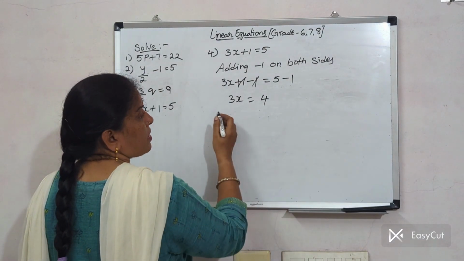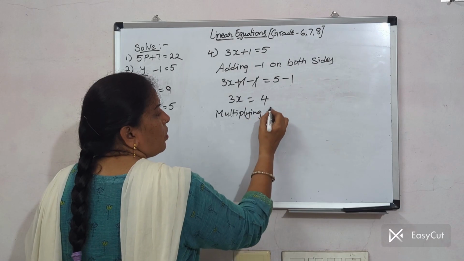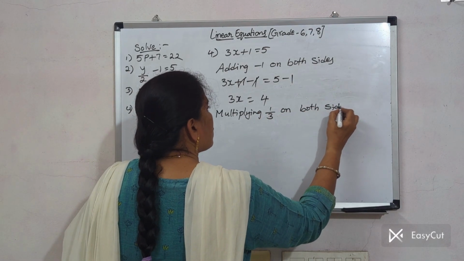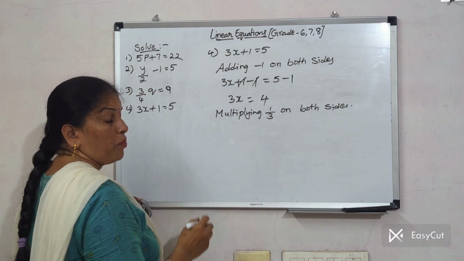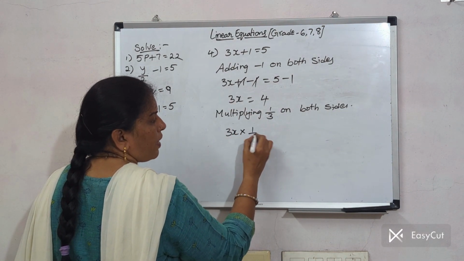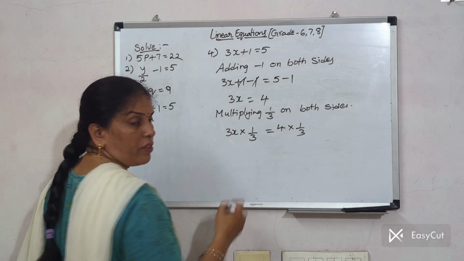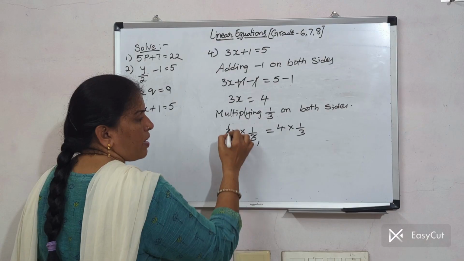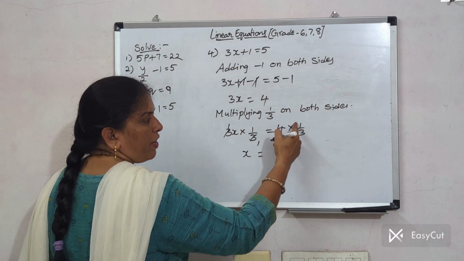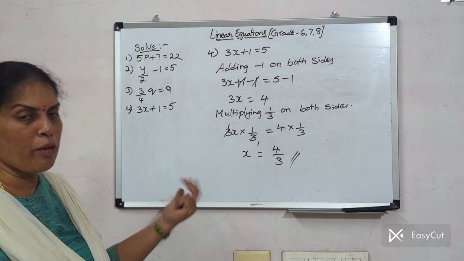I am multiplying both sides by 1 by 3, both sides of the equation. 3x into 1 by 3 equal to 4 into 1 by 3. 3 ones, 3 ones. Is there anything? No. x into 1 is x. 4 into 1 is 4 by 3. So x is equal to 4 by 3.